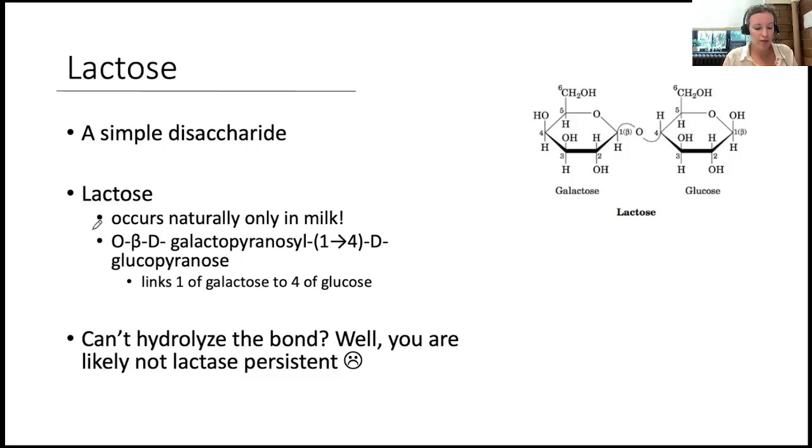Lactose has a very long name, shown here, but there are two aspects of this name that I want us to focus in on. The first is this beta, and then the 1,4 designation. So the first beta references the glycosidic bond of the first sugar, galactose. So let's first convince ourselves that this is truly a beta glycosidic bond. Galactose is an aldose, so carbon 1 is the anomeric carbon.